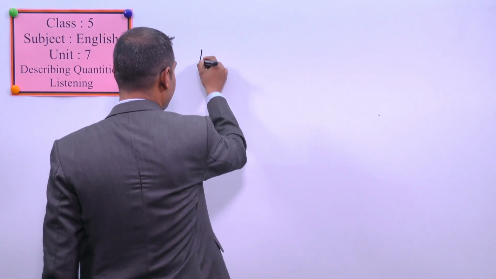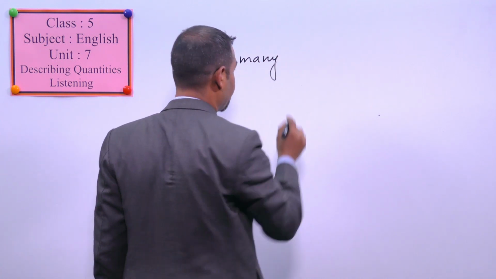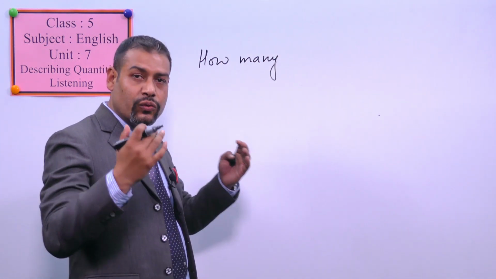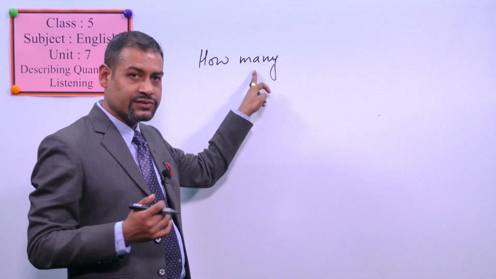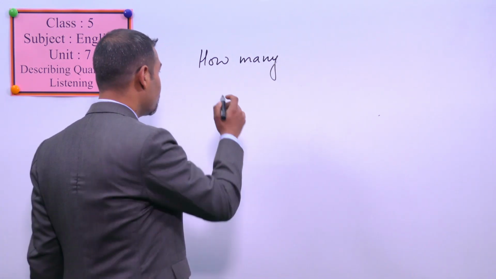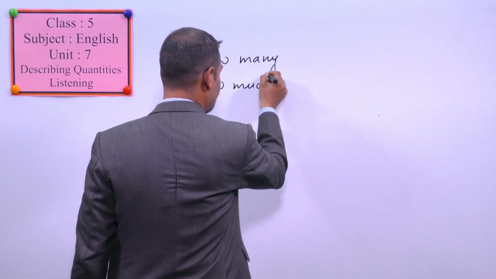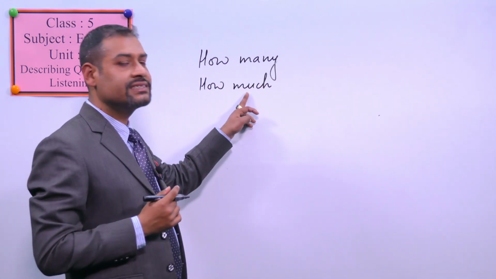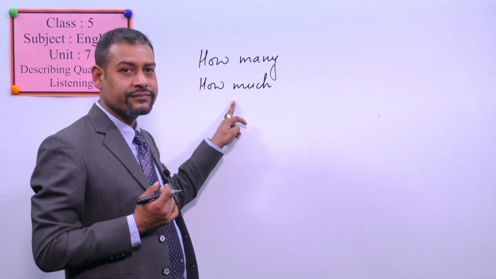One is how many, and another is how much. What is the difference between these two?